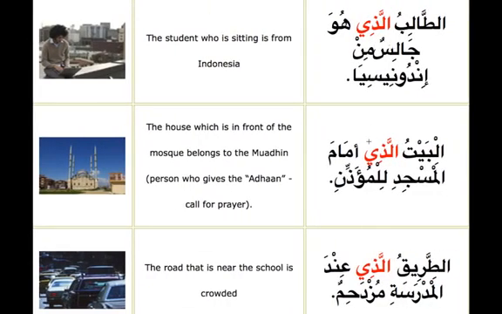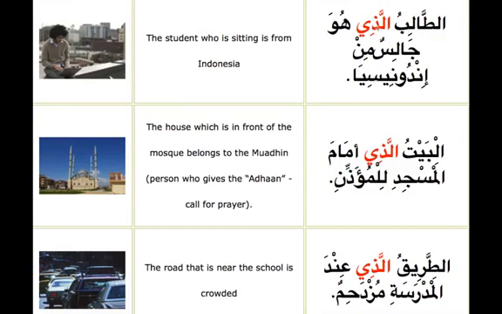So a little bit more example and we're coming to the end inshallah very soon. At-talibu, the student who is sitting, is from Indonesia. So we say at-talibu allazi huwa jalisun, the one he is sitting, min Indonesia, from Indonesia. So this is where, remember, wherever there is no connection between two words, we can insert an is.